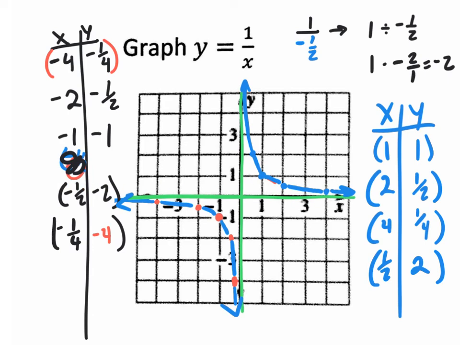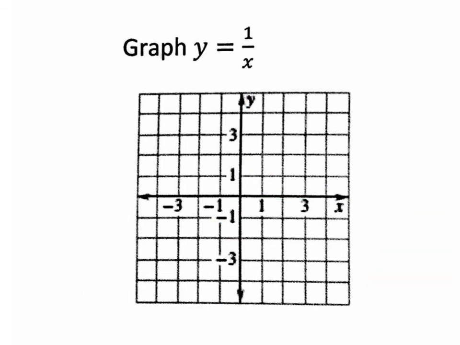So let's take a look at this same exact graph. So here's the same exact function. Obviously, we don't want to graph the same thing. That'd be a waste of time. Let's change this. And what if I changed the denominator x to become the denominator x plus 1? Okay. So we have the function y equals 1 over x plus 1.